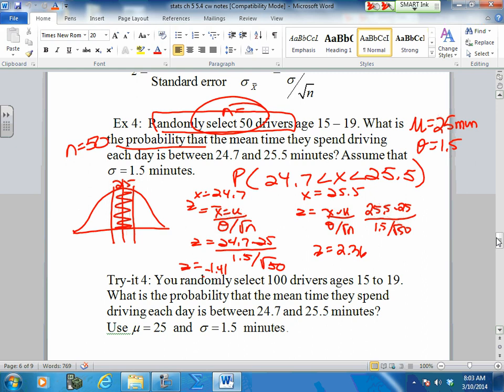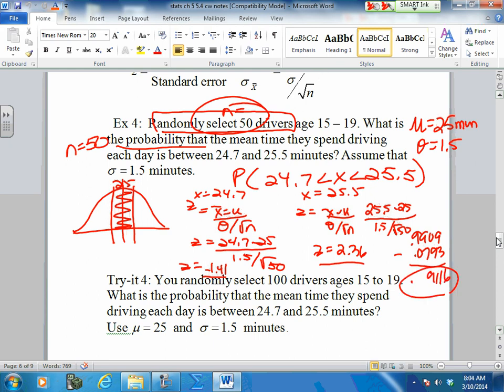So we look up both of the areas for these guys. We find your areas, and if you look in your book, you can see they subtracted the areas. So they subtracted the areas, and they found the probability of in between. And they get 0.9116.